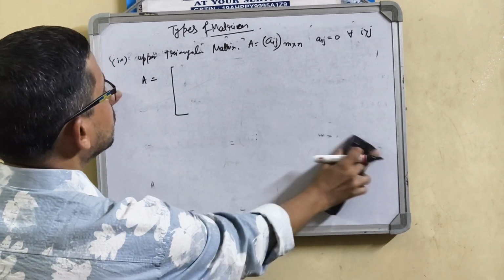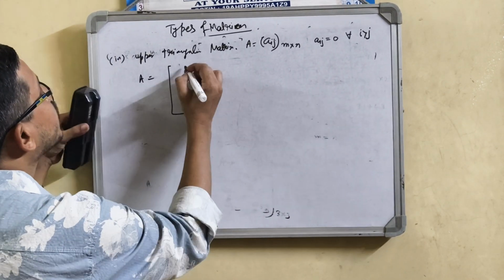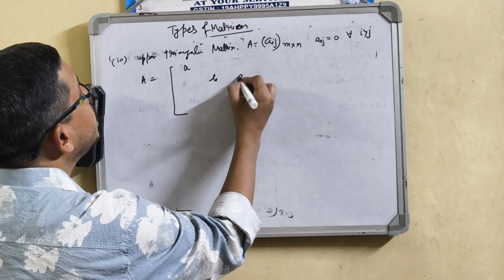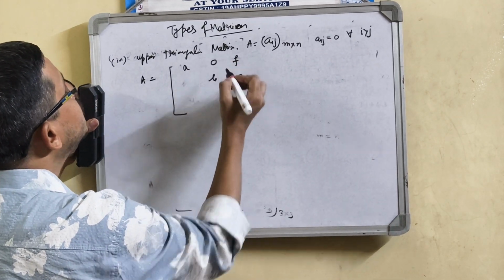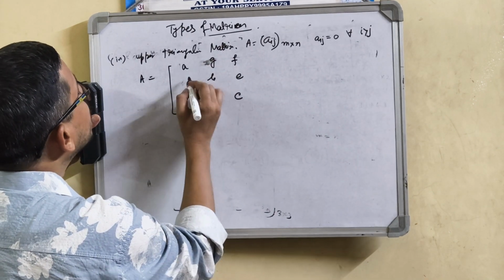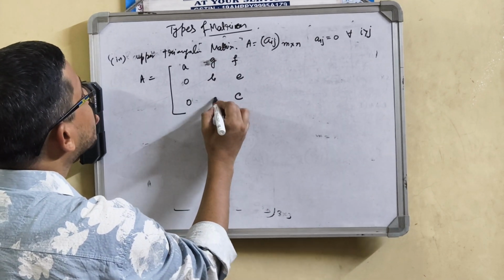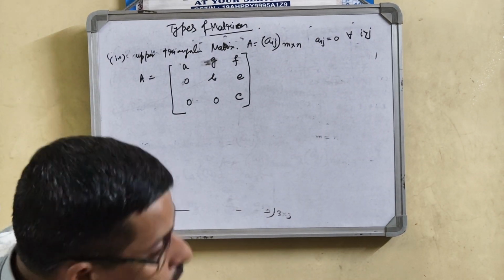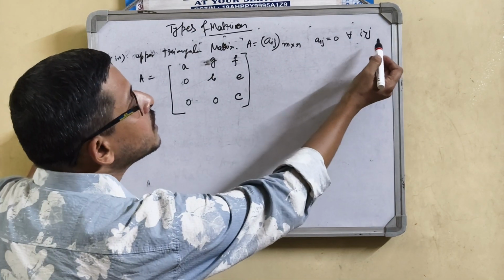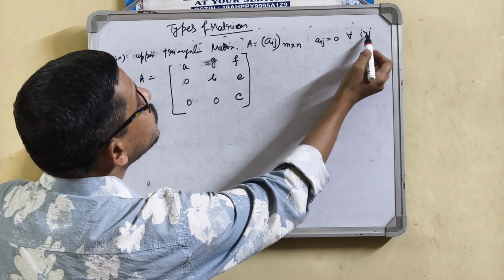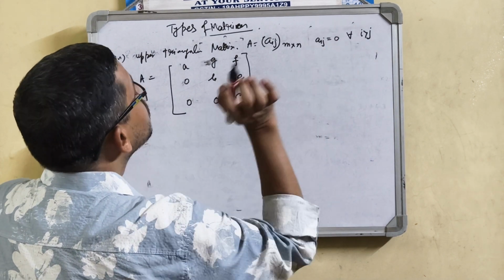If we write down all the diagonal numbers first, A, B, C there, and E, F, G there, and all the lower portion of the diagonal should be equal to 0. For all i greater than j, that means the row number is greater than the column number, that should be equal to 0.